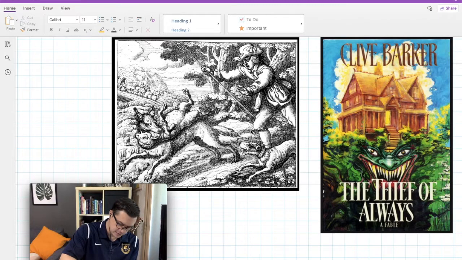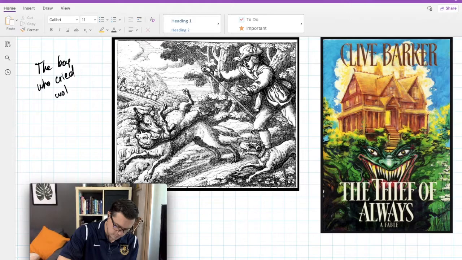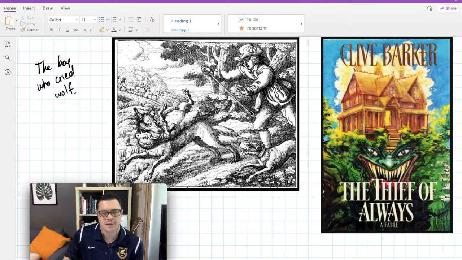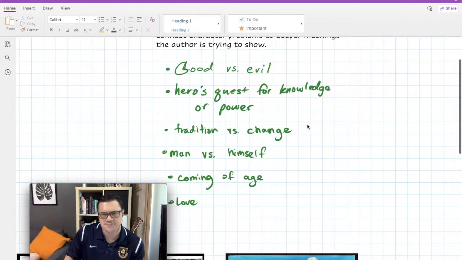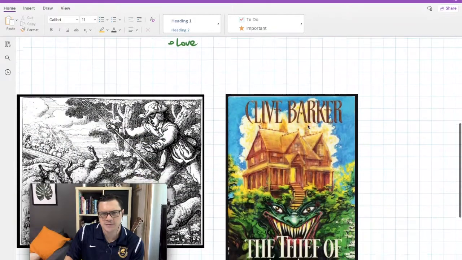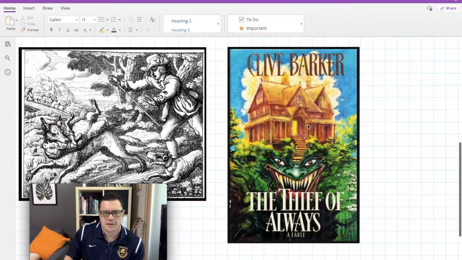This is The Boy Who Cried Wolf. So you know this story. It's also a fable, and it has a lesson. So with our story, I'm thinking about these universal themes and then lessons that may come through this story.